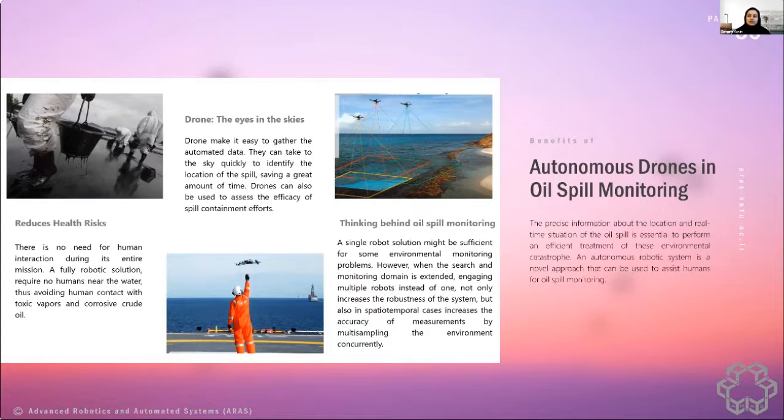Having an eye in the sky quickly is one way of managing response and reducing the impact on the marine environment. There are also other significant benefits for human health and safety in not deploying manned aircraft in such situations.